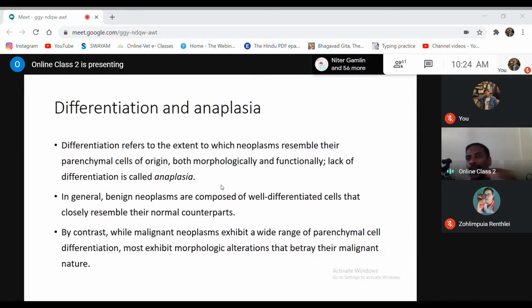But in malignant tumors, it will be in the megakaryocyte stage, the initial stages of development. That is what you normally find in malignant neoplasm. Malignant neoplasms are usually embryonal in nature, whereas benign neoplasms are more matured or well differentiated.